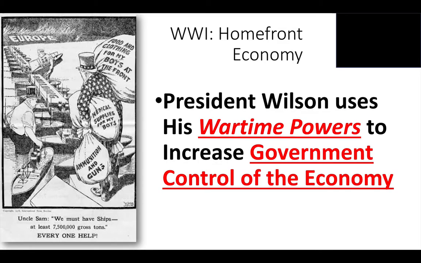The other big thing you need to know about the U.S. in World War One is the fact that the president has special wartime powers. Okay, really important to remember, and this is still true today, that we have wartime powers, that the government can control the economy.